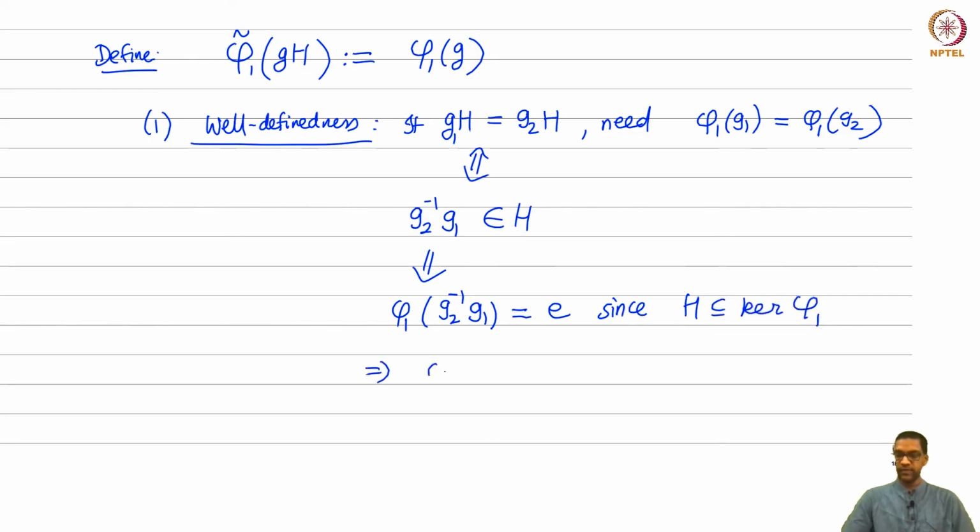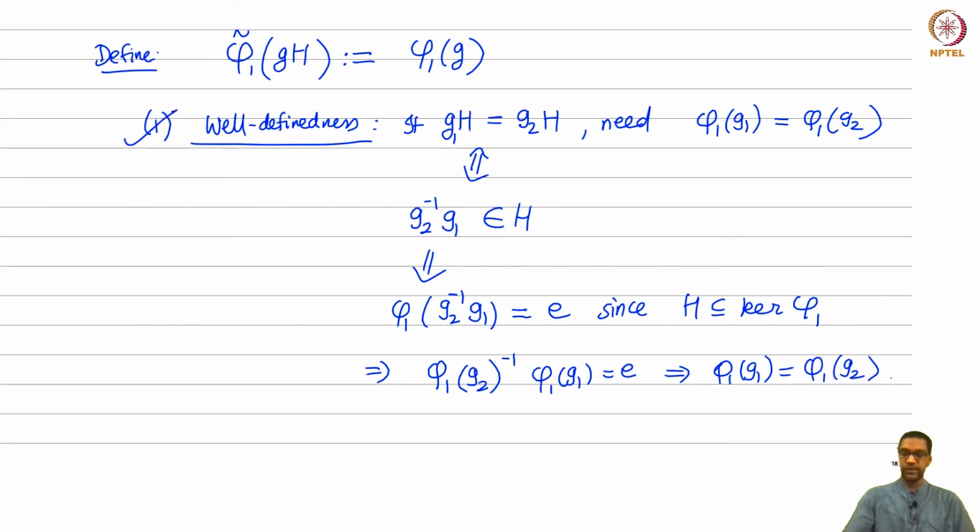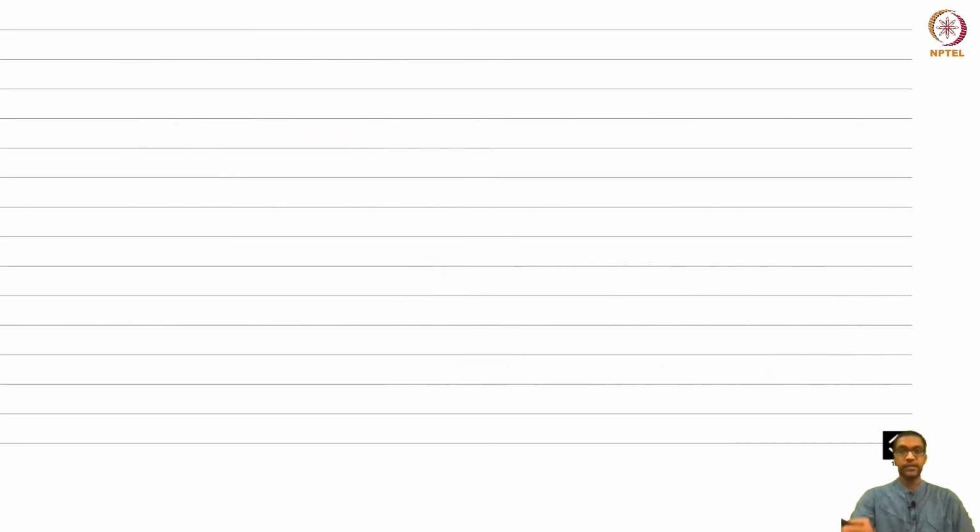And now I use the fact that phi 1 is a homomorphism, so it's phi 1 of g2 inverse times phi 1 of g1 is the identity. So that's the same as saying phi 1 of g1 equals phi 1 of g2. Okay, so therefore it's well defined. So I've checked well-definedness. I just need to check that it's a group homomorphism, and that's easy.